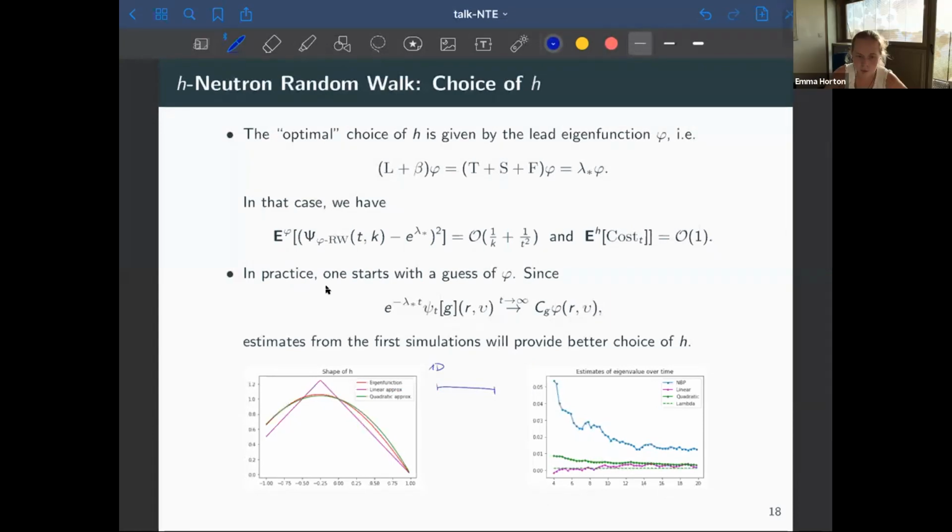As long as you make it 0 on the boundary, that already ensures the particles will never leave the domain, and that's already a big gain in terms of the efficiency of the algorithm. But definitely there's something we can look at in the future.